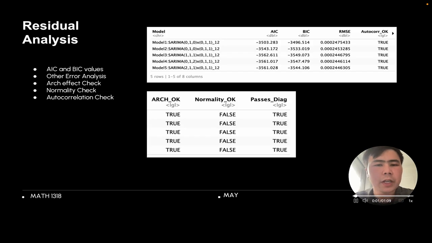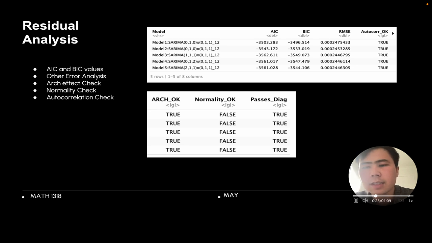Now we can perform residual analysis. In this section, we will check IC values, other error analysis, ARCH effect, normality, and autocorrelation check. Based on this output, the third model has the lowest IC values, and the worst performing model is the first model, which has the highest of these values.